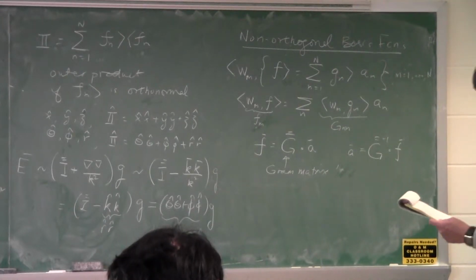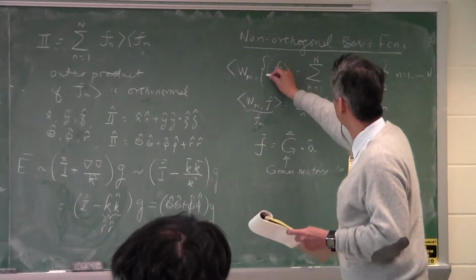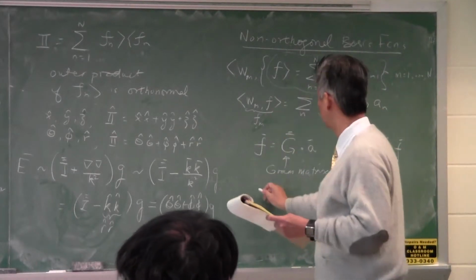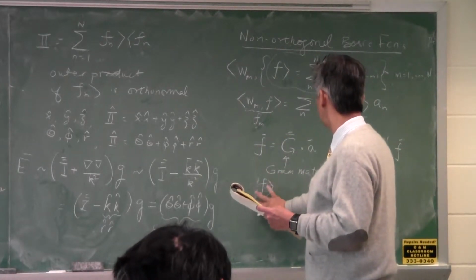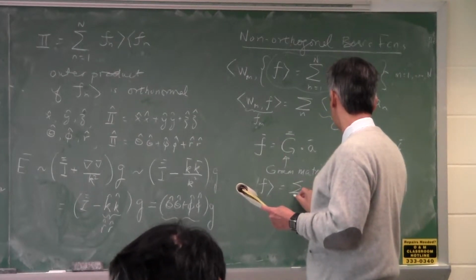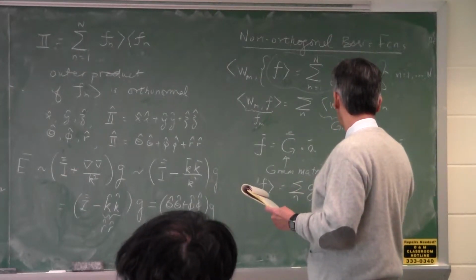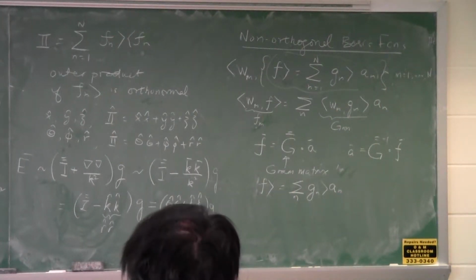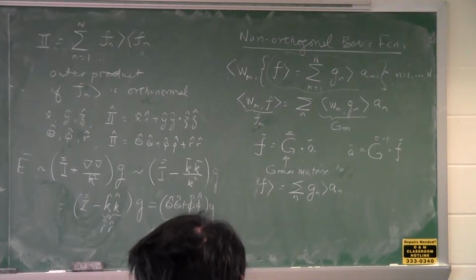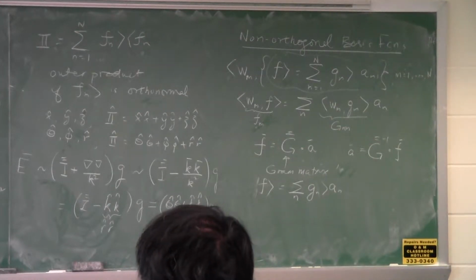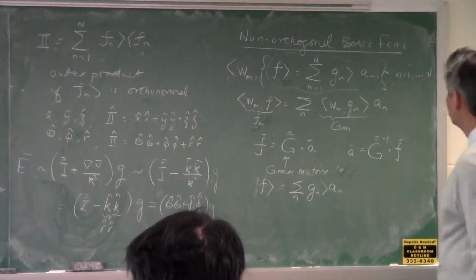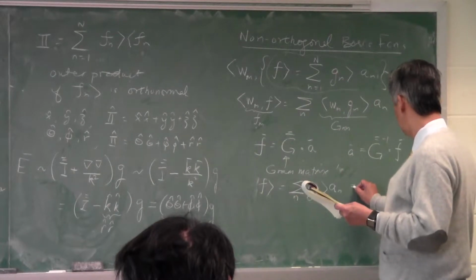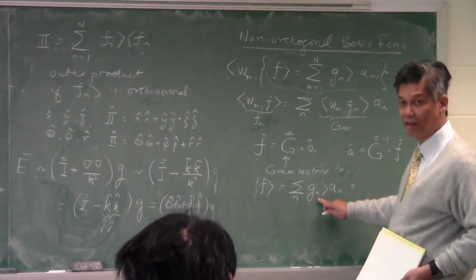And if you want to get back the original solution, which is this one over here, the solution is that the vector f can be written as a sum over n of G_n A_n. We can write this in a more compact notation by stacking all of these into a vector.